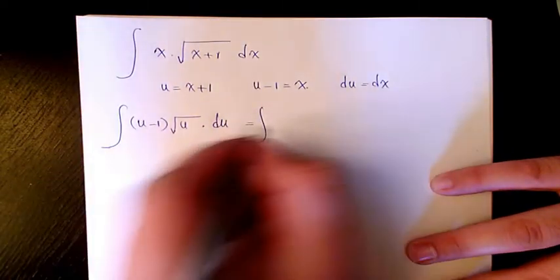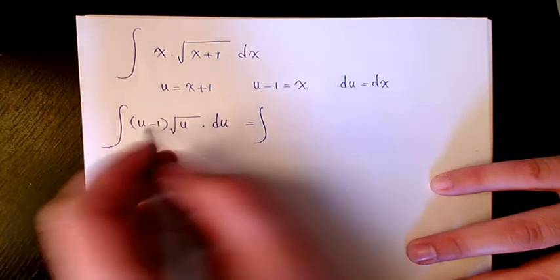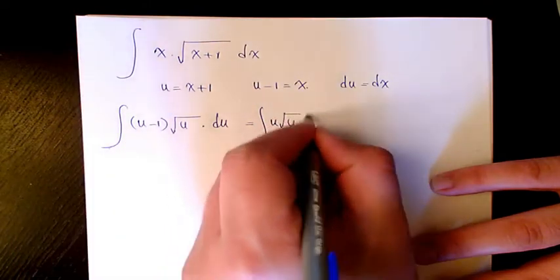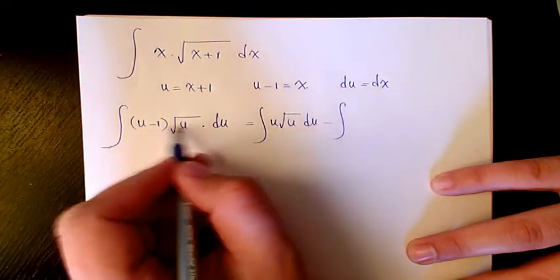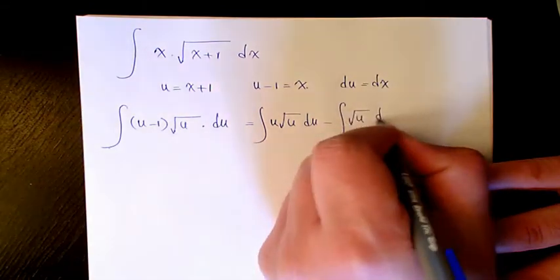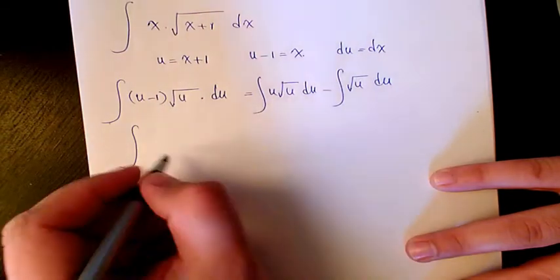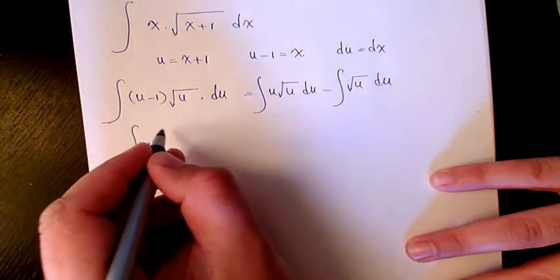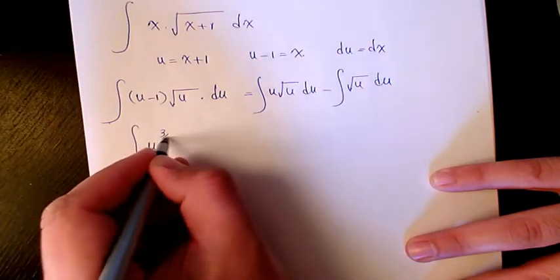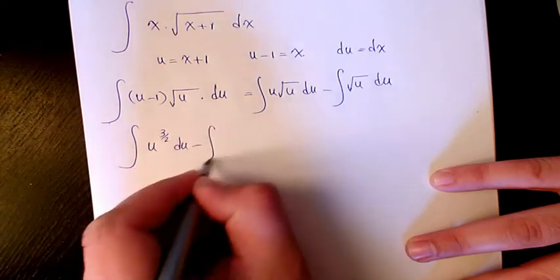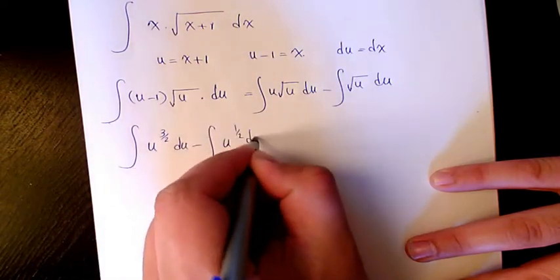So let's expand it and divide it into two integrals. It's going to be u root u du minus 1 times root u du. So u times square root of u is the same as u to the power of 1 plus 1 over 2, which is 3 over 2, du, minus u to the power of 1 over 2 du.